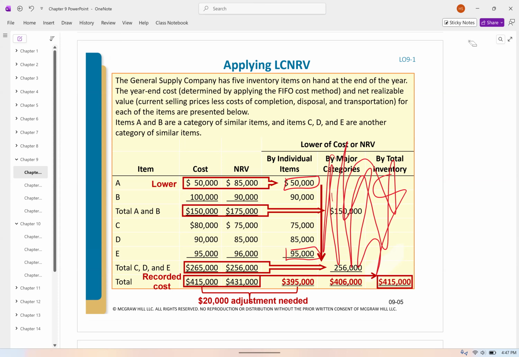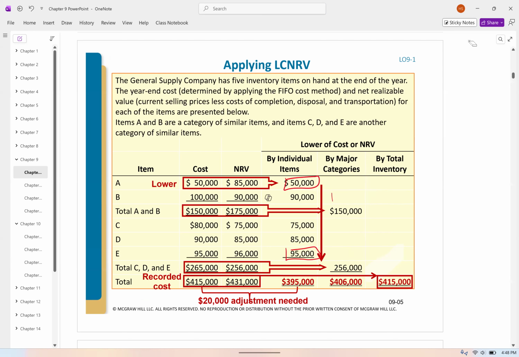If we look at 395,000, that's what we did by individual item. We're carrying on our books at 415,000. So we need a write down of 20,000.